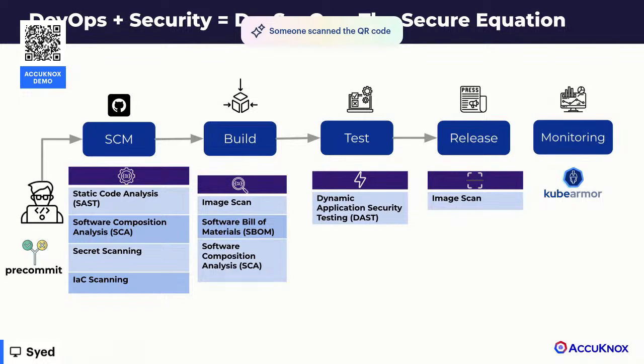Then in the test phase, dynamic application security testing will be performed. Once the image has been built, you can run it, and once it is in the running stage, you can implement the tests which will find the vulnerabilities at runtime.